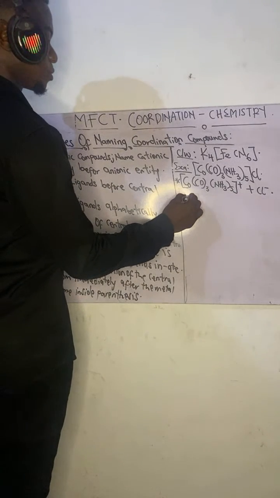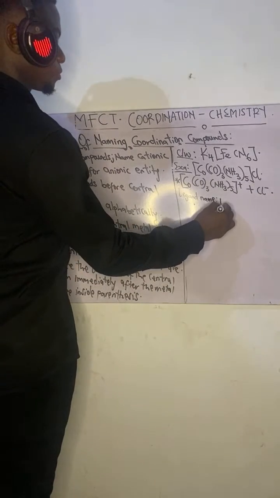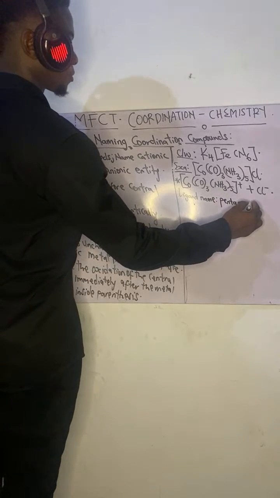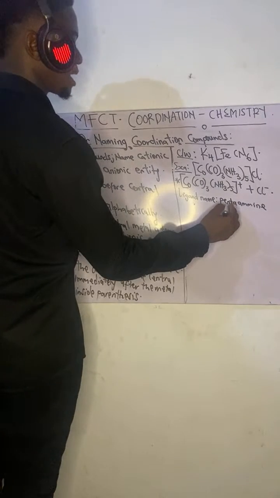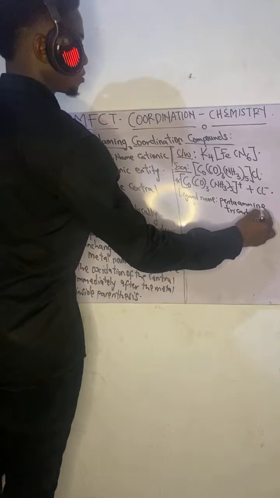How many amine do we have here? We have 5 amine. How many carbonyl do we have? We have 3 carbonyl. Then the ligand name would be pentaamine, tricarbonyl.